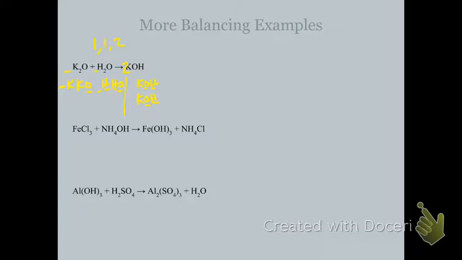The next one I gave because I wanted to show you a little trick here. And the trick is, if you see a polyatomic, so how many Cls will have 3 Cls? So I put that there, NH4OH. Now, if you remember, NH4 is a polyatomic, so I'm going to keep it together. I'm not going to write out 4H. And then OH is a polyatomic, so I'm going to keep it together.